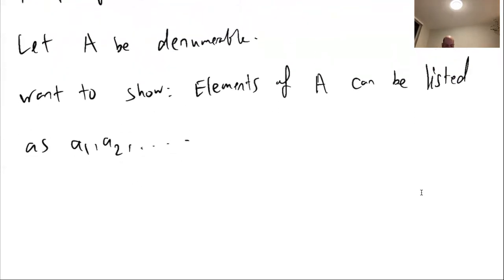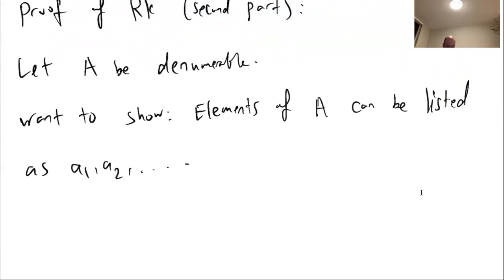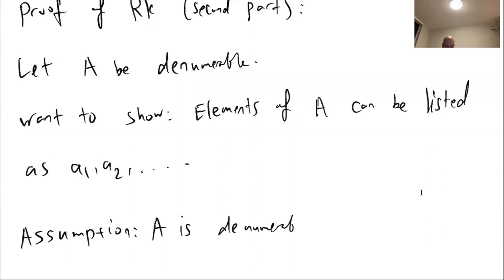So A is denumerable means what? So the assumption here is that A is denumerable. What does that mean? That means the cardinality of A is equal to the cardinality of natural numbers.